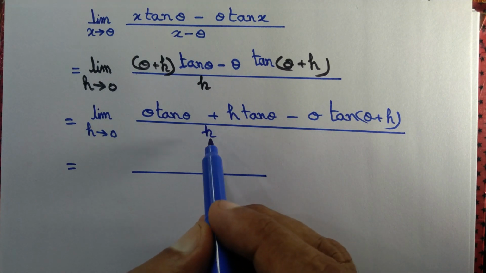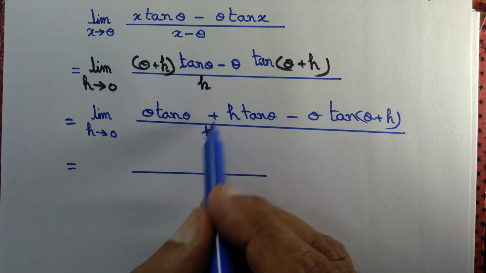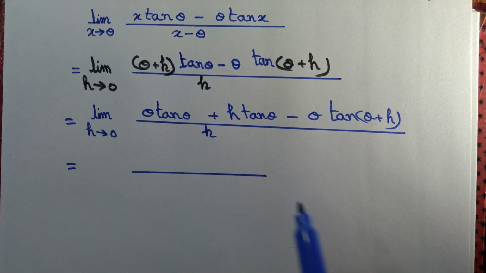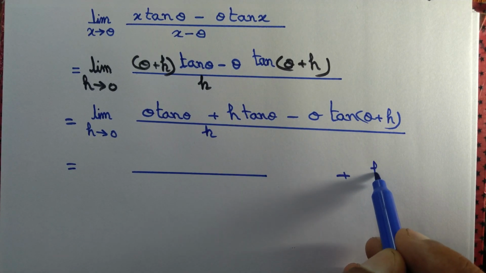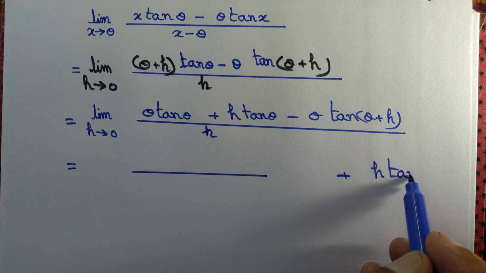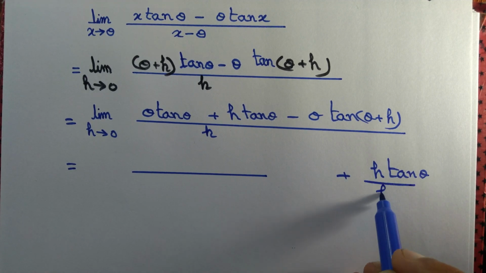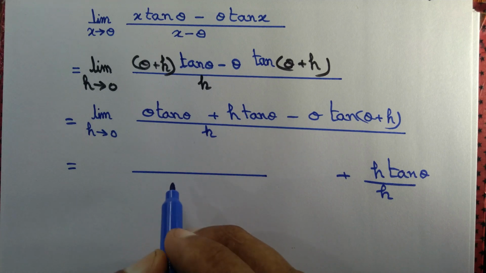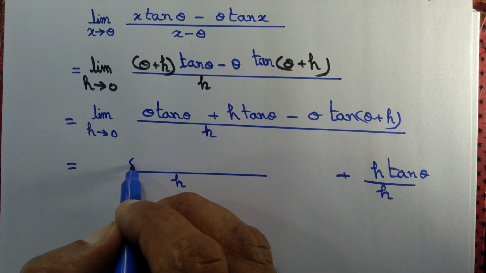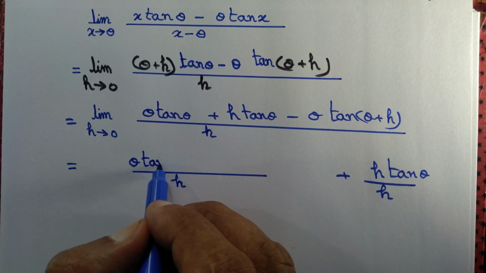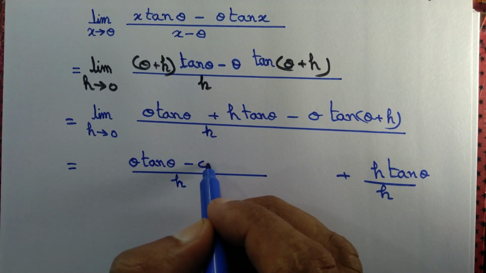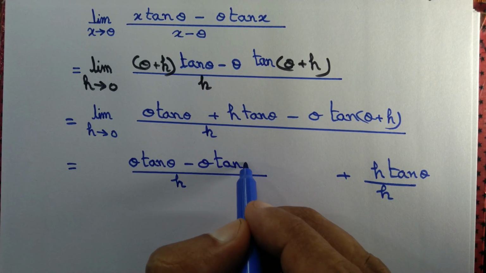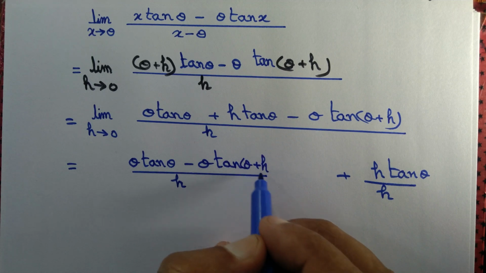Now you see that h and h can be cancelled, but only for this expression h tan theta by h. So let's write it separately, h tan theta by h. Rest of the expression we can copy as it is. Theta tan theta we copy as it is, minus theta tan theta plus h we copy as it is.